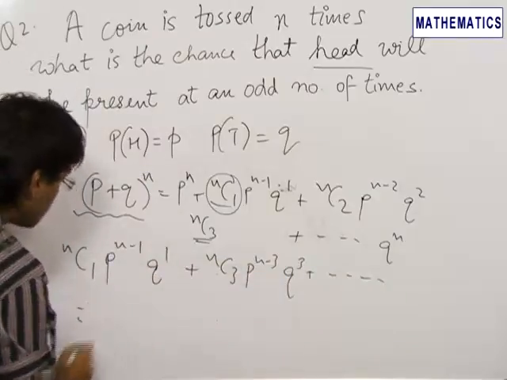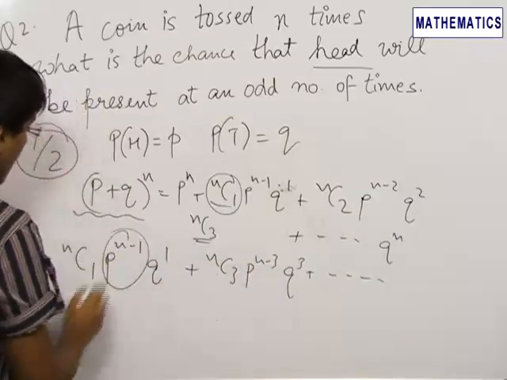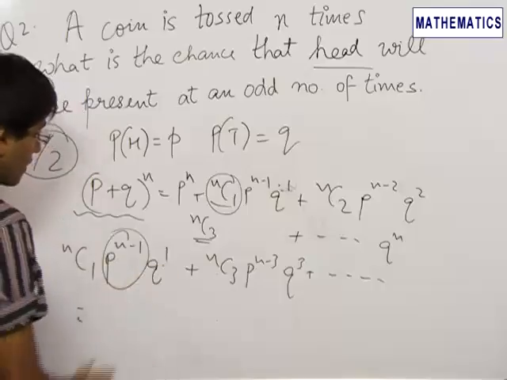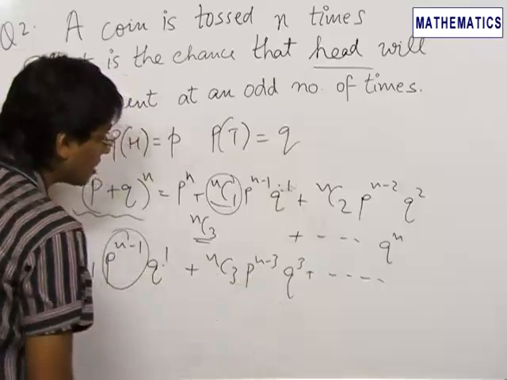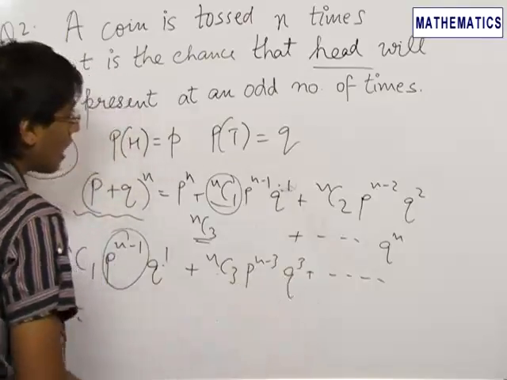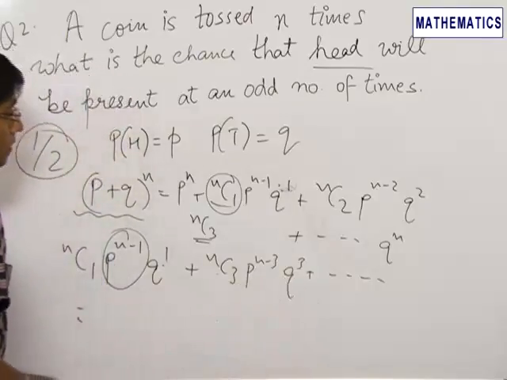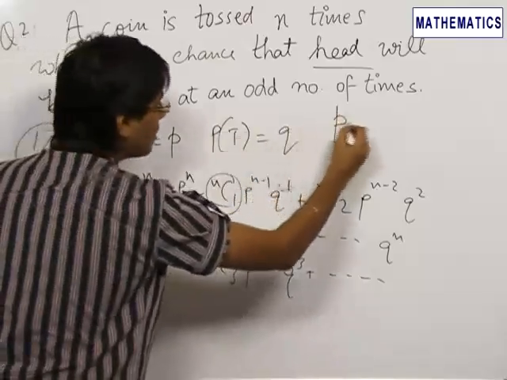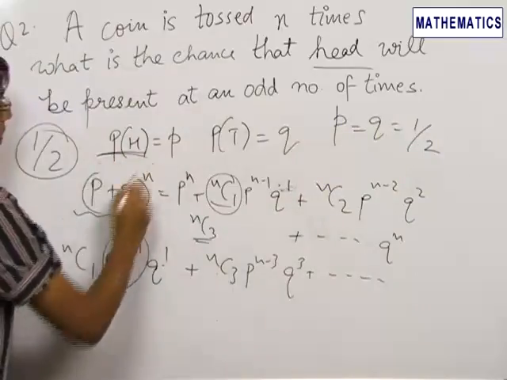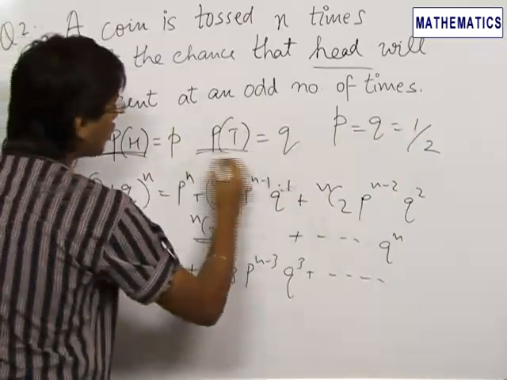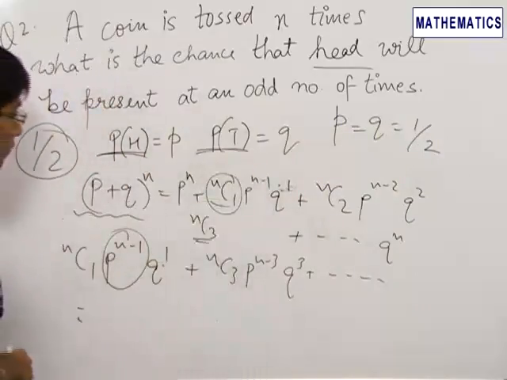So this P power n minus 1 is half power n minus 1 into half, which is again half power n. This is half power n minus 3 into half power 3, which is half power n, because P is equal to Q is equal to half, since the probability of a head coming is equal to the probability of tail coming, and both are equal to half.